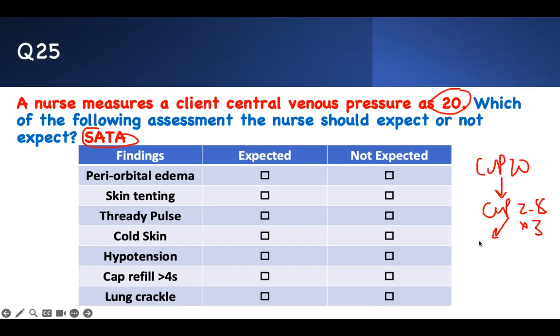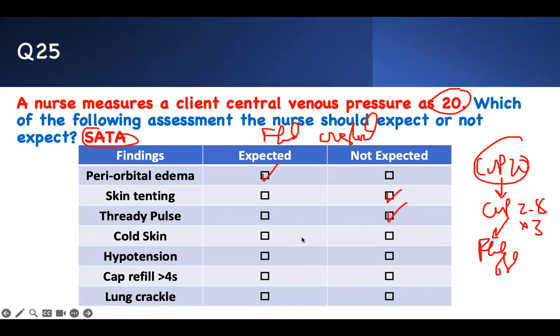CVP tells you your fluid status. That means I'm fluid overloaded 3 times. All I'm asking you is about fluid overload. Rewrite the question: what do you see when somebody is fluid overloaded? Periorbital edema, right? That's a no brainer. Skin tenting, no, it's going to be really turgid. That's not expected. Their pulse is not going to be thready; it's going to be bounding, right?